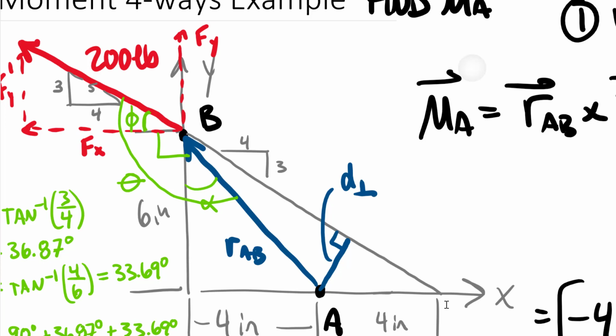Okay. Now, it also very importantly tells me that this distance along here is 4 inches. Okay, and I'm going to use that in my computations. Now, the next thing I need to know is what's going on with this angle. Well, if you had already computed the angle of phi, we know that this angle here is also phi.